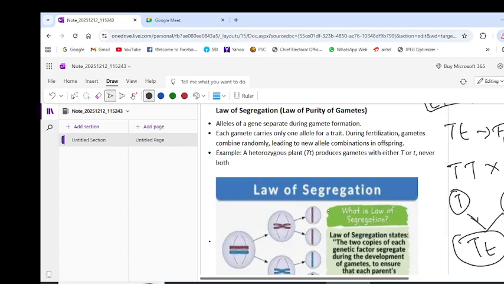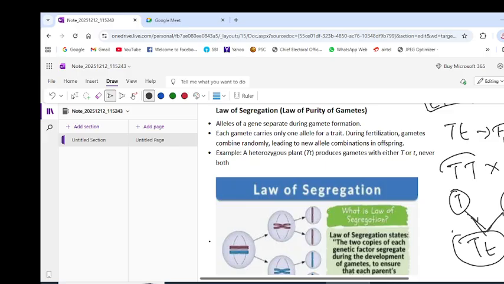For a character there is only one allele, and during fertilization the gametes combine randomly to produce new allele combinations in the offspring.